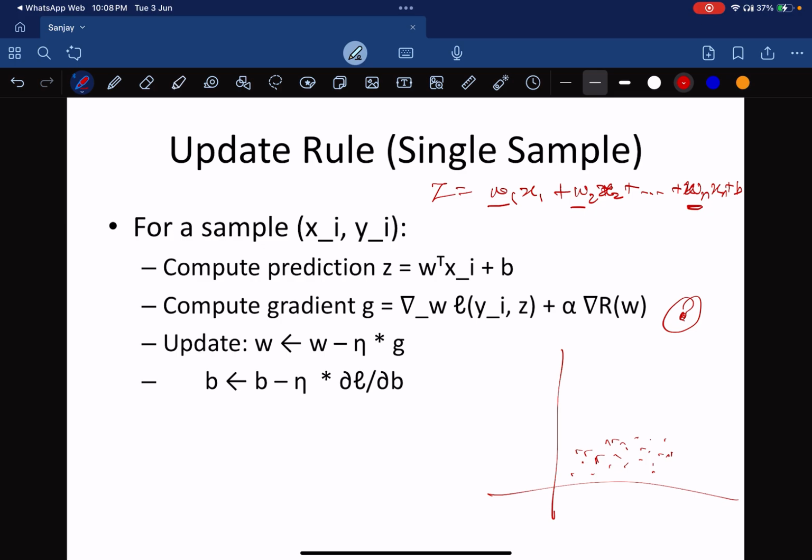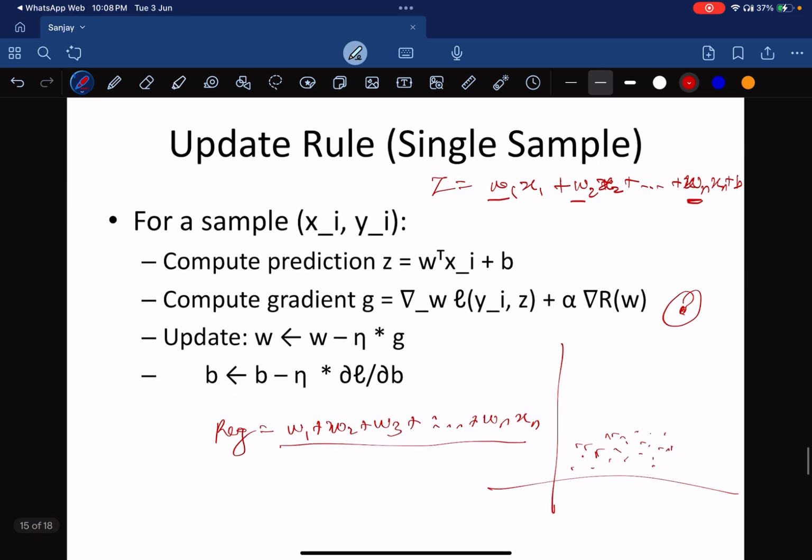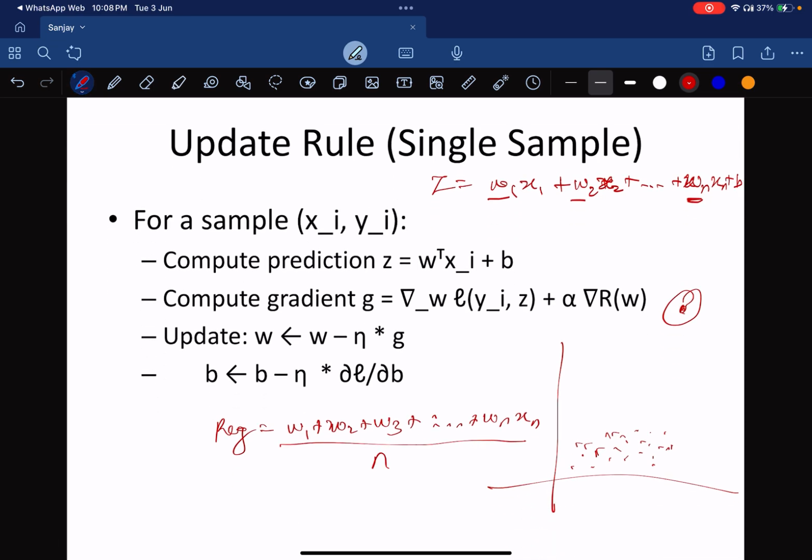What the regularization will do is find the average of the weights. The regularization looks like w1 plus w2 plus w3 up to wn, where n is the number of features or number of inputs, and it will divide by n. It will give an average, right?